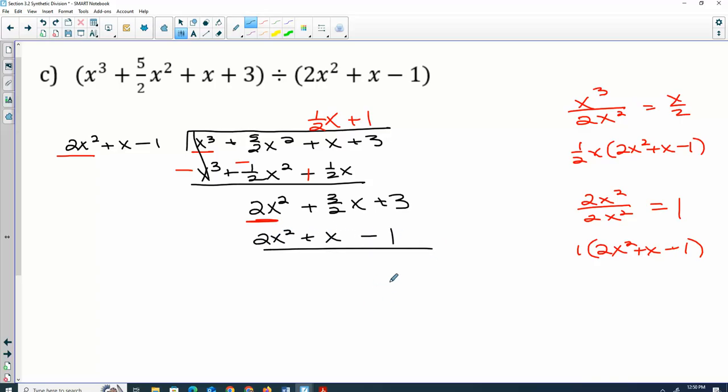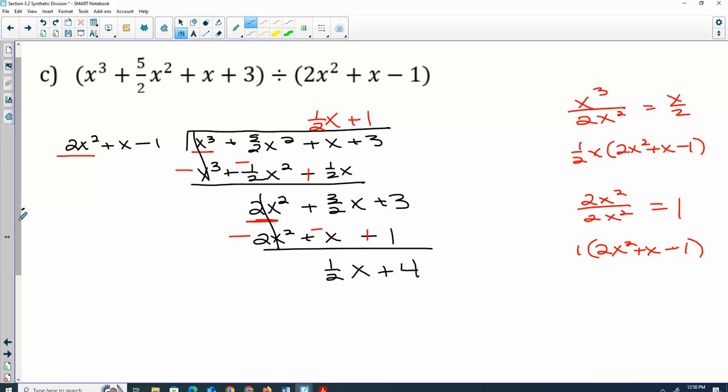And then what do we do? Subtract it all off. So if we change our signs, positive and negative 2x squared cancel. 3 halves minus 1 is a 1/2 x. 3 plus 1 is 4.